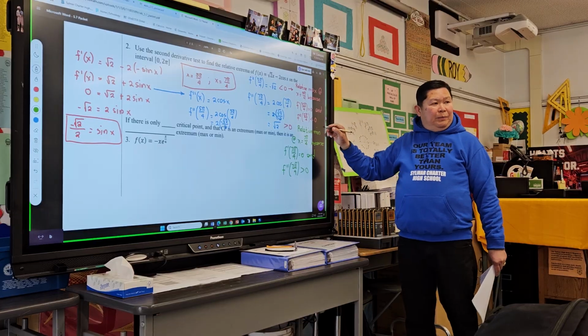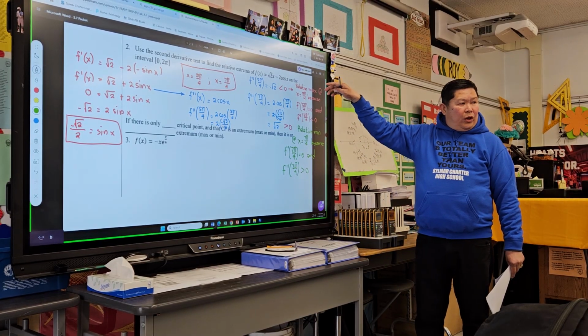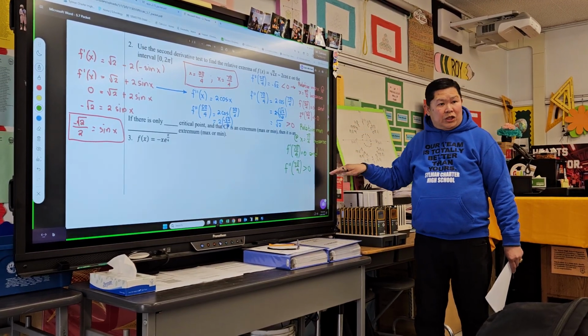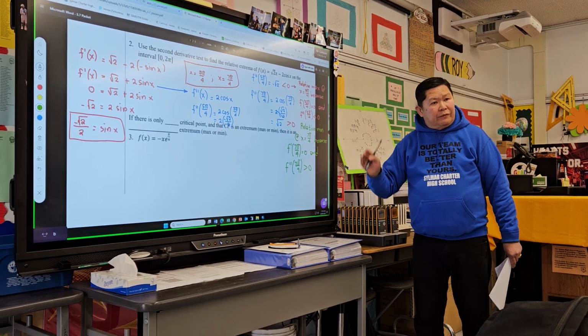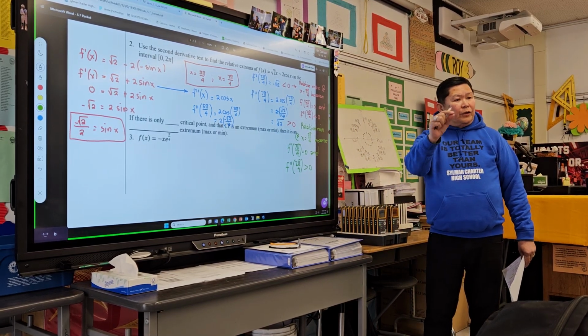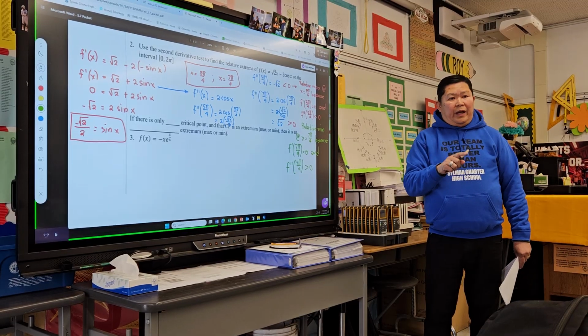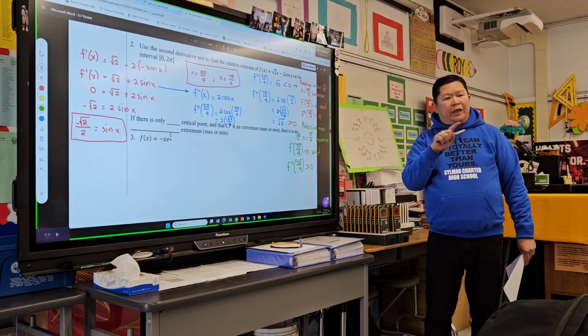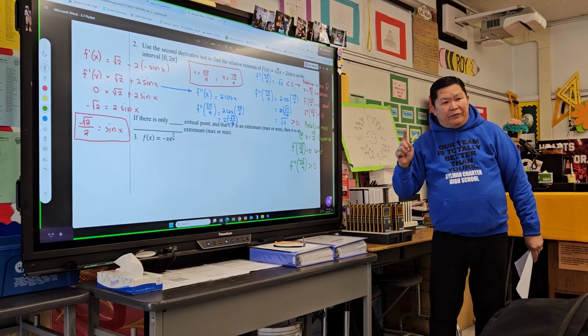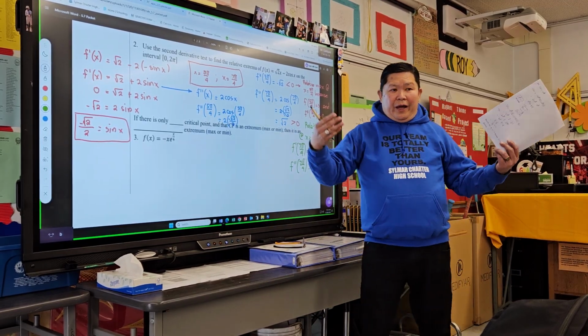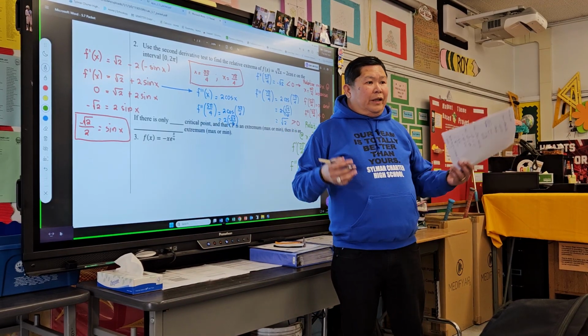In the actual AP exam, this falls on free response question. Okay? Free response question. You're gonna have to justify. Mention first what kind of extrema, whether it is relative max or relative min. Then at the value of x, the critical points.